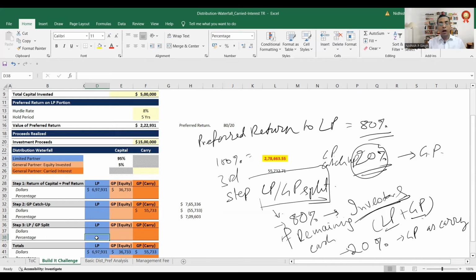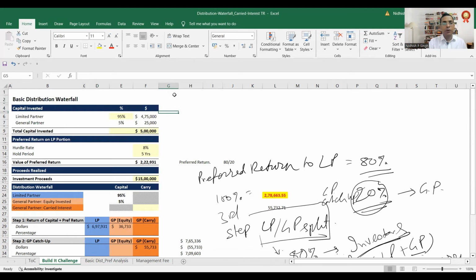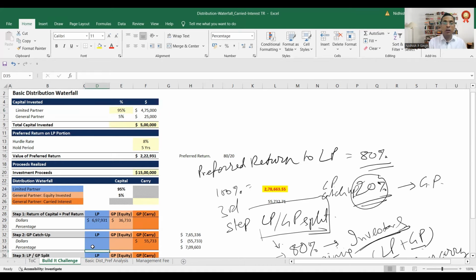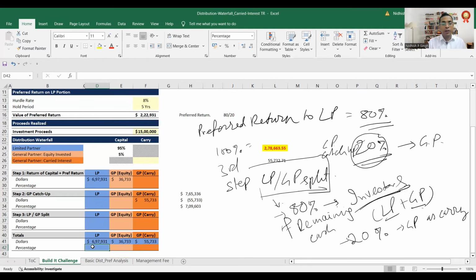We know that as part of 80%, there is another split here. So that 80% should be split further between LP and GP, right? Because LP has invested 95%, so that 80% will also be multiplied by 95%. So let's say 0.95 times 80.